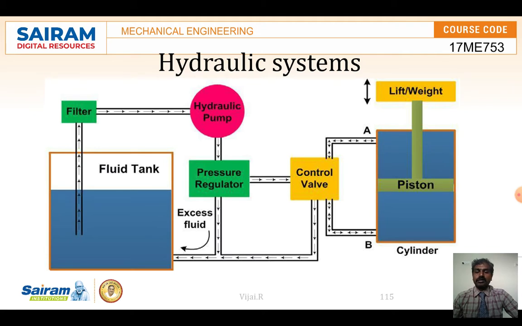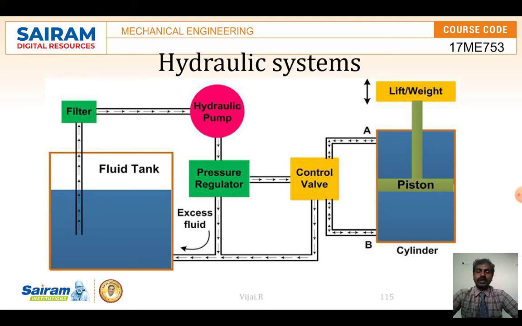Normally the fluid tank is filled with the liquid, and the pump is actuated through a motor. First the motor is connected to the electrical supply. When it rotates, the pump is activated and sucks the liquid through the suction side. Before the pump there is a filter which removes sediments or any foreign particles in the liquid.